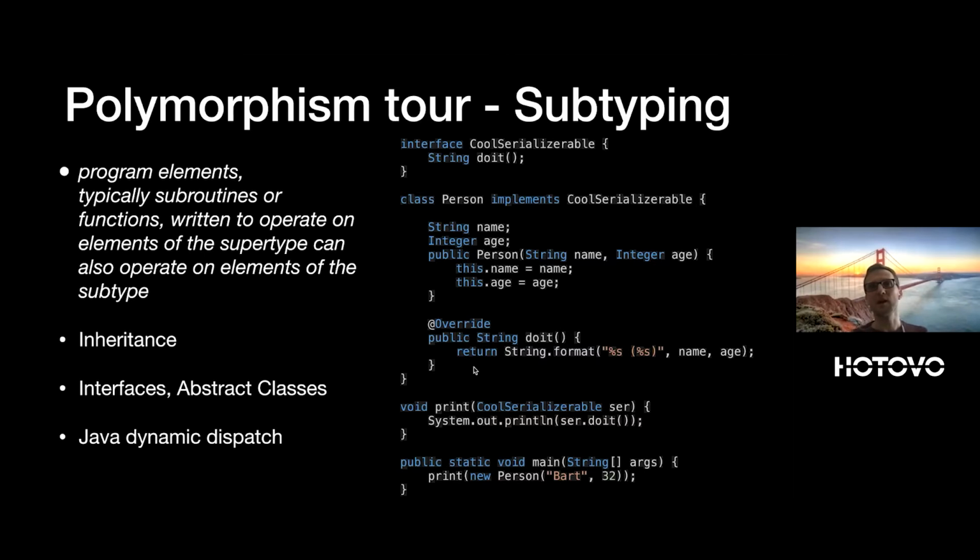I'd like to highlight that in Java in particular, this is executed by a dynamic dispatch. This means that the evaluation of which method in an object hierarchy is called is decided at runtime. So this is why it's a dynamic dispatch.